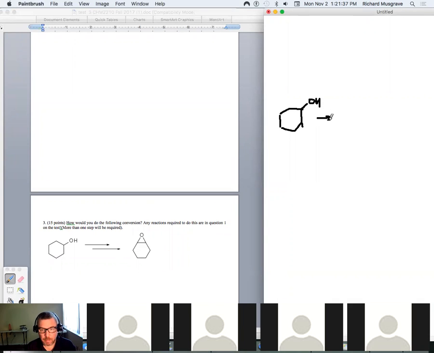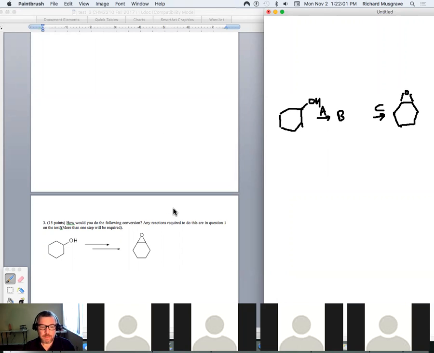Now, the structures won't be exactly the same, but what I can tell you is that the answer will look like this. You need to find A, B, and C.